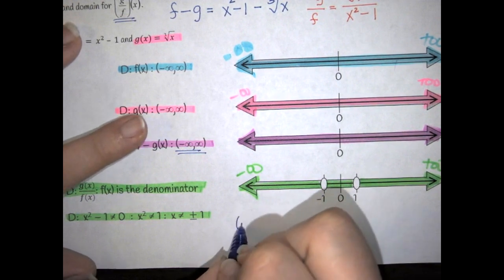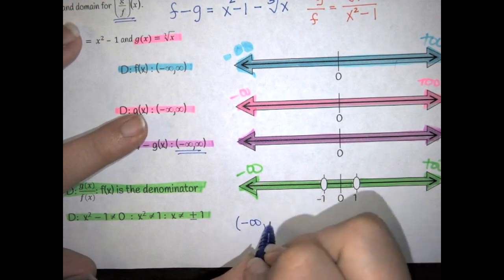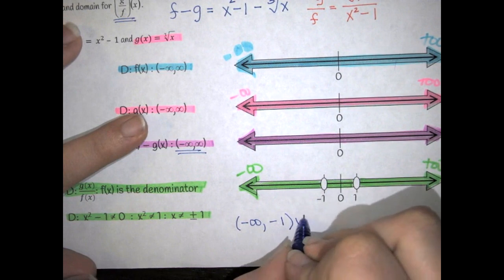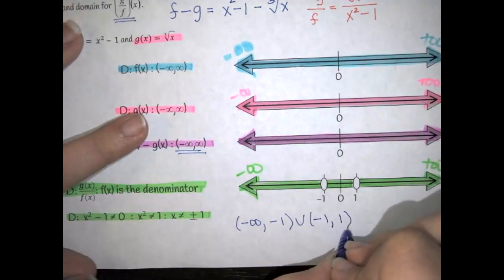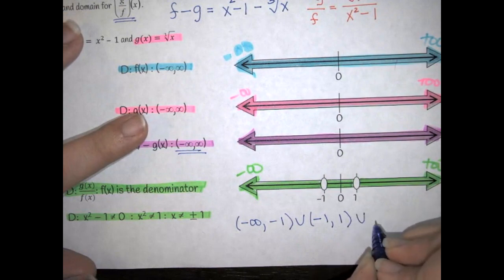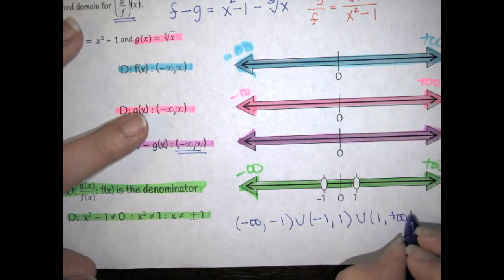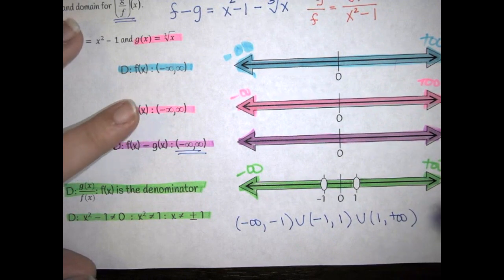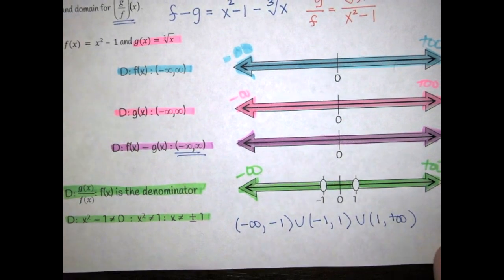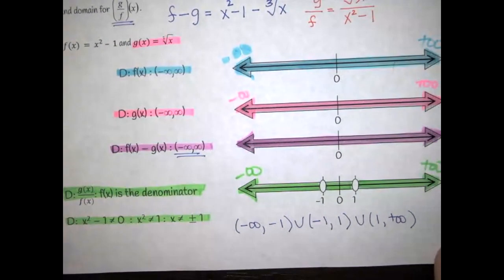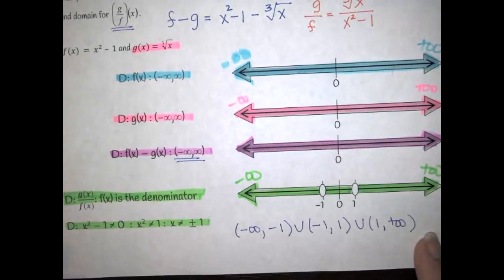So my interval is going to go from negative infinity to negative 1, and then I have to union that from negative 1 to 1, and I'm going to union that from 1 to positive infinity. So remember, your interval should match what your number line looks like. Okay? So that's kind of everything that you need to know about combining functions and finding their domains.